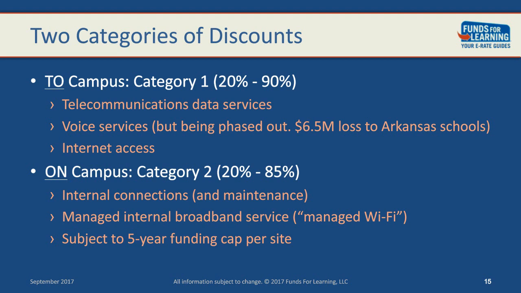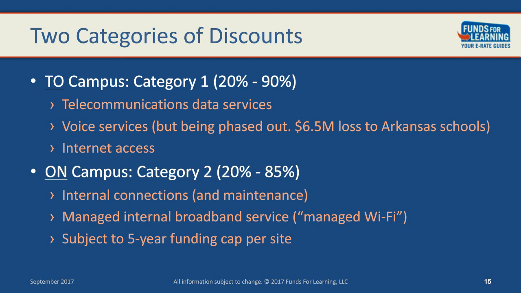And then on campus, there are discounts of 20 to 85% on the purchase of internal connections, as well as maintenance for those devices, and also something called managed Wi-Fi, which is a third-party service for on-campus internet access, typically done on a per-student or a per-device basis. And those Category 2 dollars are subject to a 5-year funding cap.